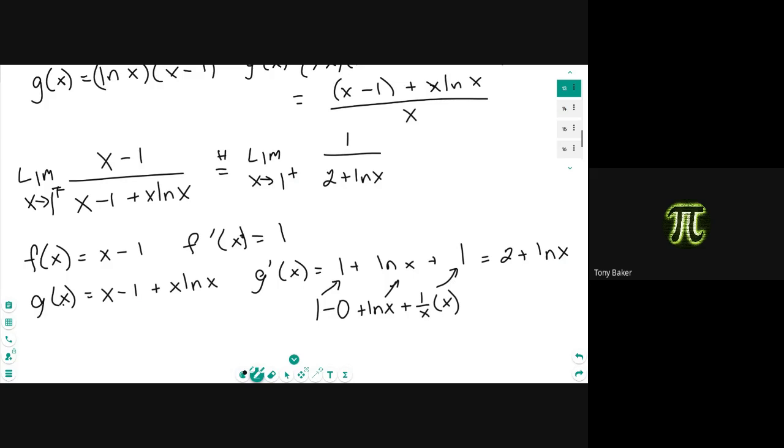So now I have 1 over 2 plus ln of x, which if I plug in 1, 2, I get 1 half.